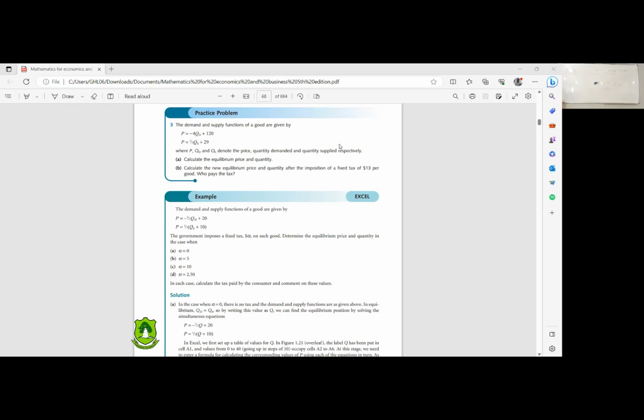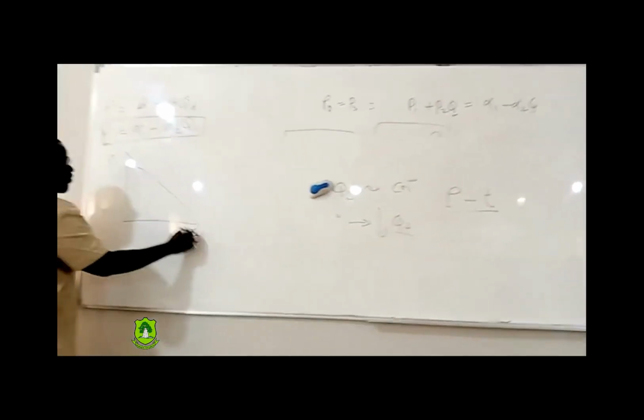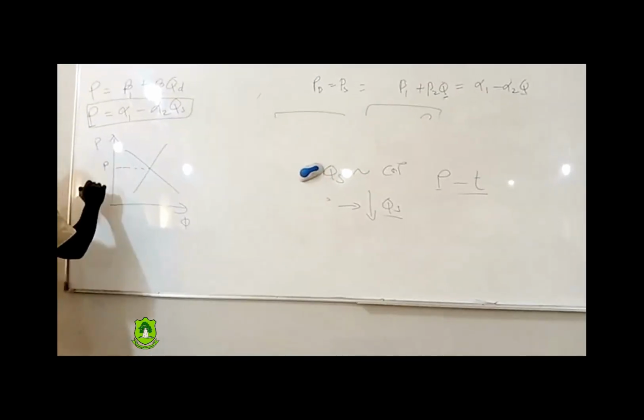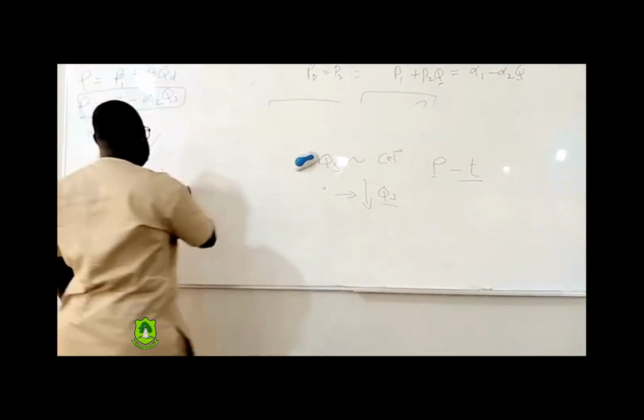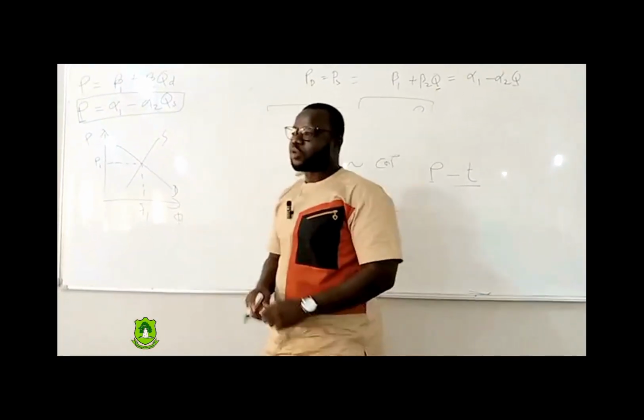Which means that the amount that we are going to pay for this particular good, or for the quantity of this particular good, includes the taxes. Which means that if tax is imposed, remember that at first we didn't have taxes. So in the absence of taxes, you will have P here, you also have Q here. Remember, this is demand, this is supply. Are we together?